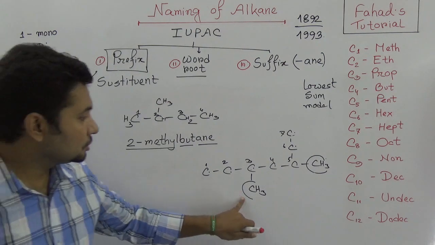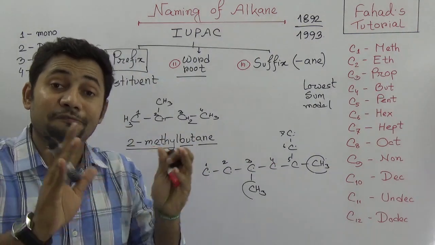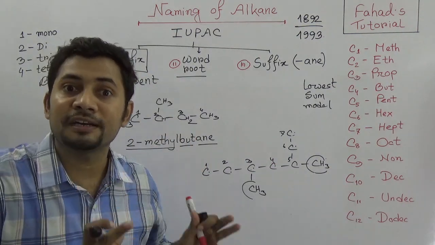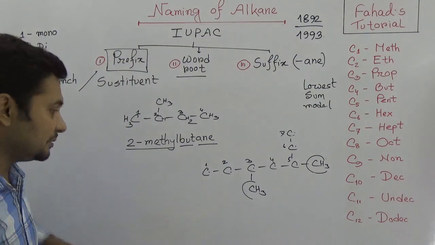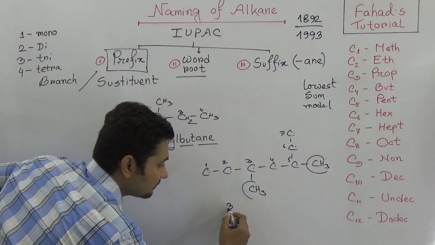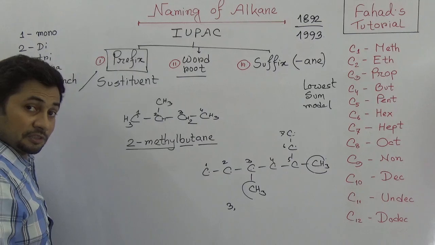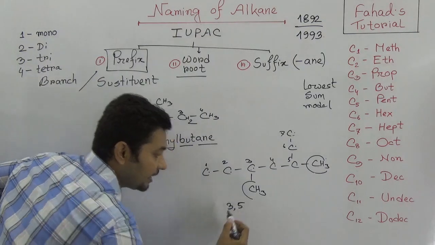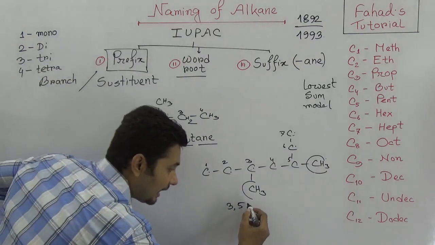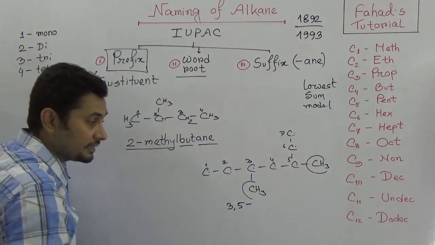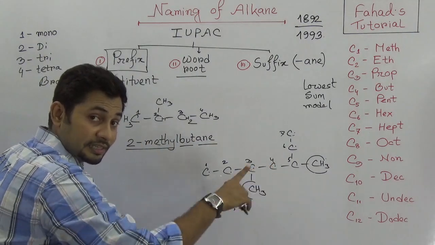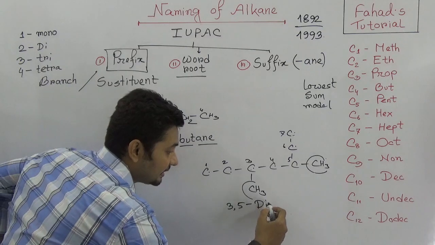So as there are 2 methyls, I mean 2 different methyls added into different carbons, then the name would be 3, comma, you put a comma and then 5, okay, hyphen, and then dimethyl.